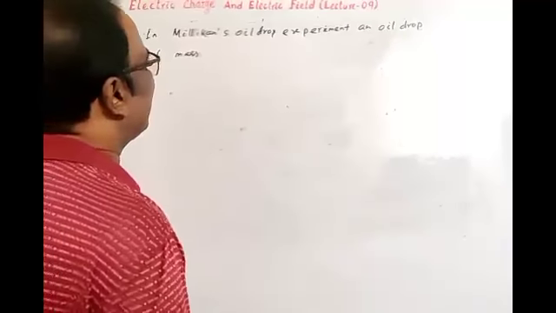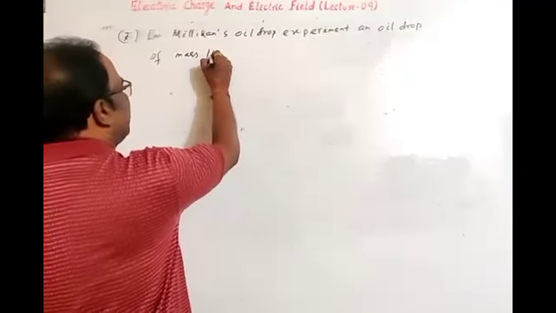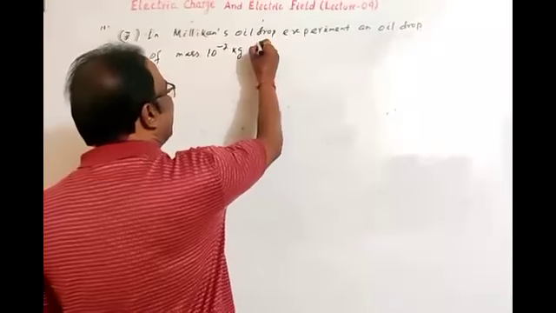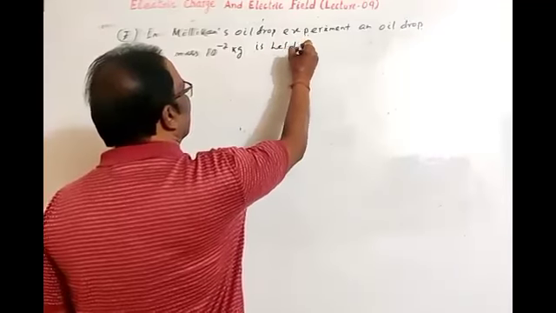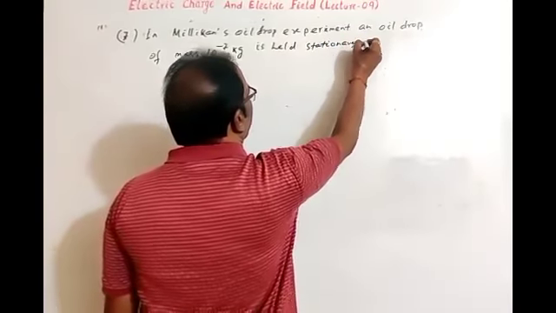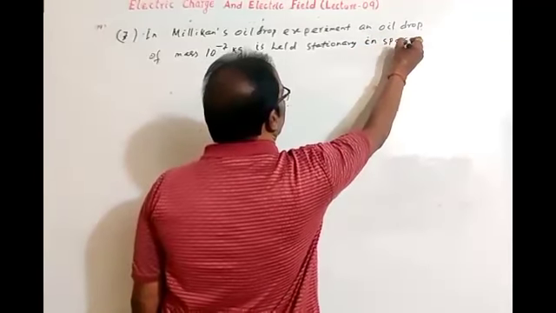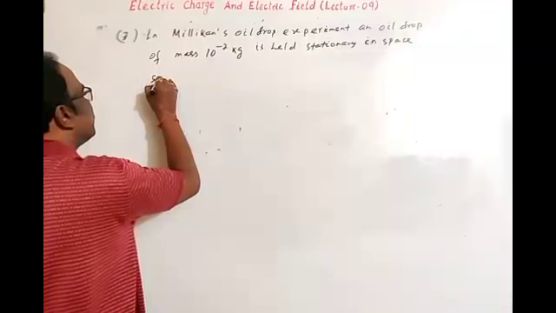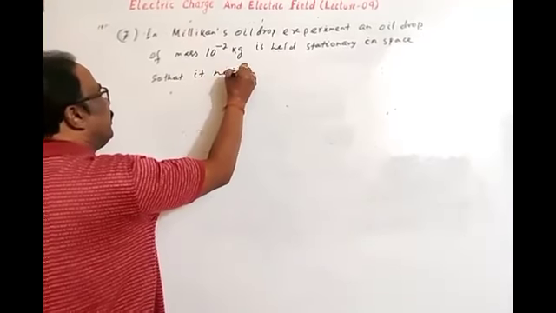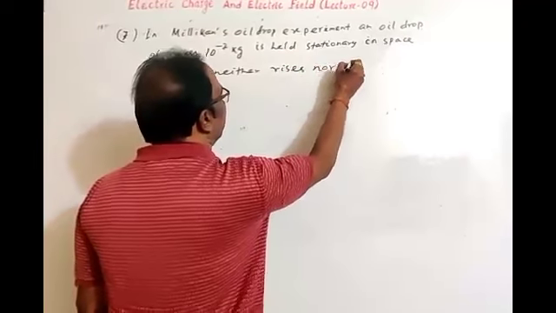In Millikan's oil drop experiment, an oil drop of mass 10 to the power minus 7 kg is held stationary in space so that it neither rises nor falls.